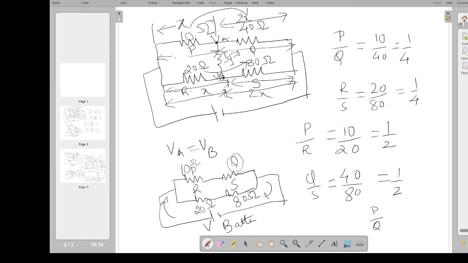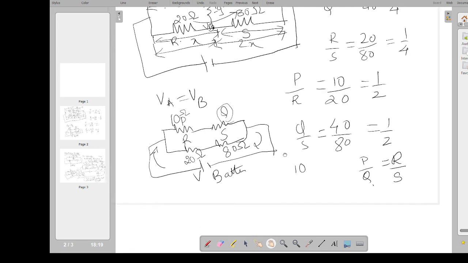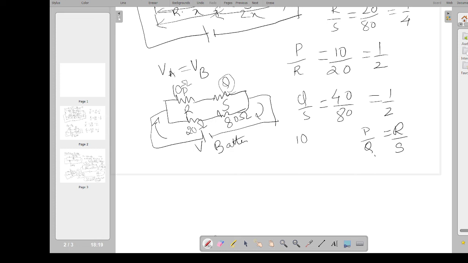If it is a balanced Wheatstone bridge, then we take the proportion P by Q is equal to R by S. We know the P value is 10, the Q value I don't know, R value is 20 and S value is 80 ohm.